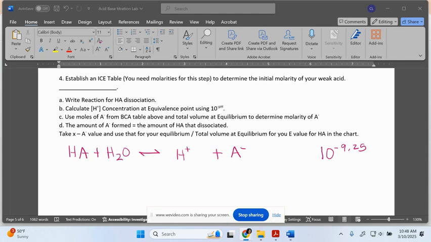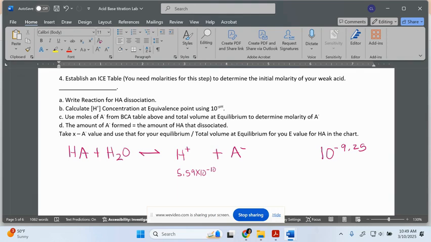So this to that gives me my H plus. Okay, so that's going to give me, on my calculations, 5.59 times 10 to the minus 10. Good. That's my molarity.